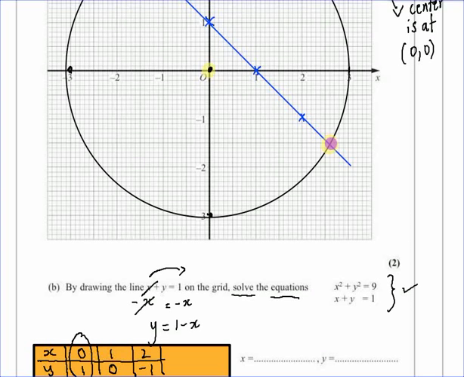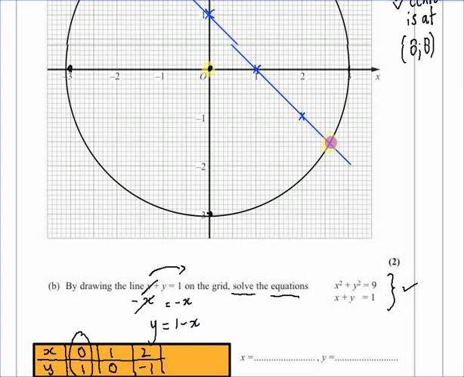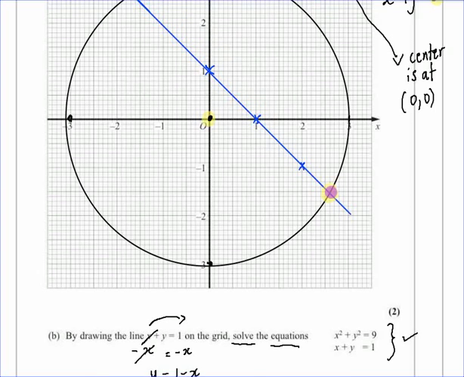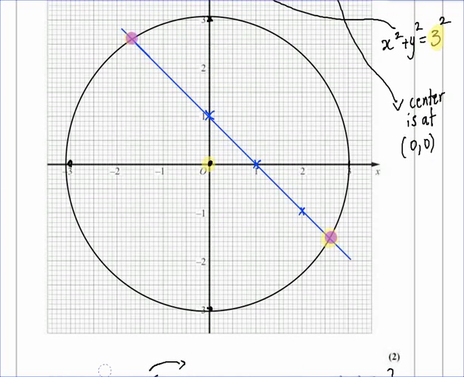Well, it's going to be an estimate, because it's not going to be 100% accurate. So we're going to look at our graph and ask ourselves, what are the x and y coordinates of the points where they're meeting?